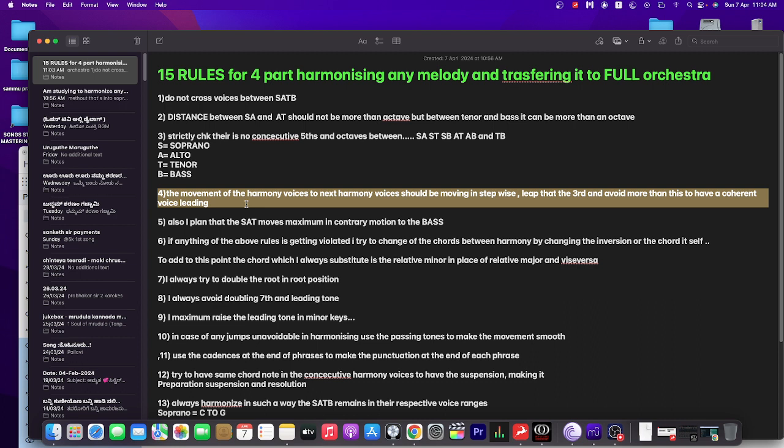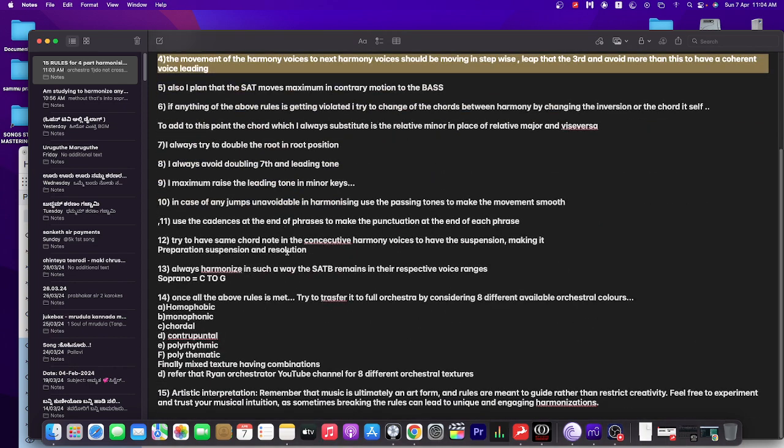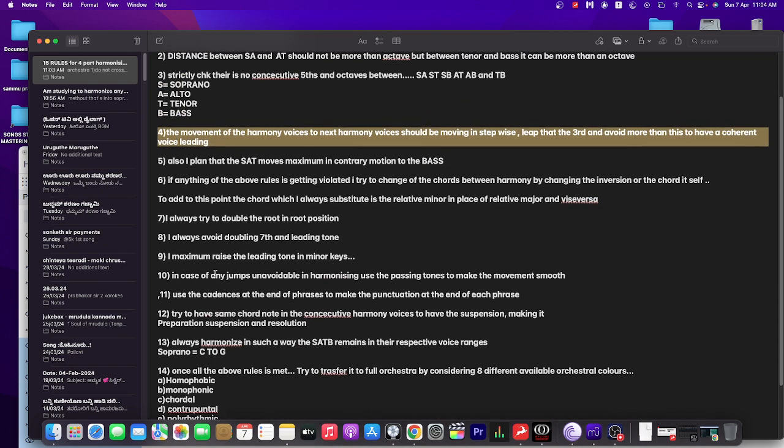For example, moving a fourth, a fifth, a sixth, or a seventh is highly damaging to having a coherent voice. In such cases, you can use a point that comes in future. I don't remember the point number. That's using passing notes. If you come across a situation where you have to jump more than a third, like a fourth or fifth, just have a passing note. That's a non-chord note.